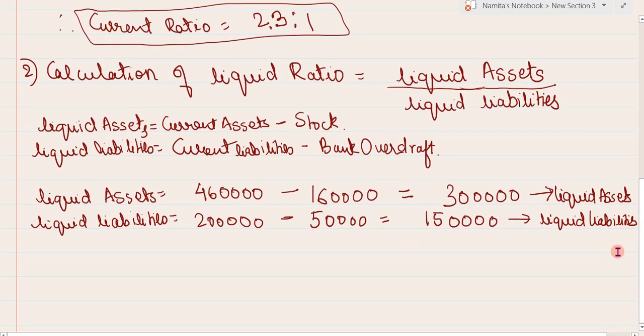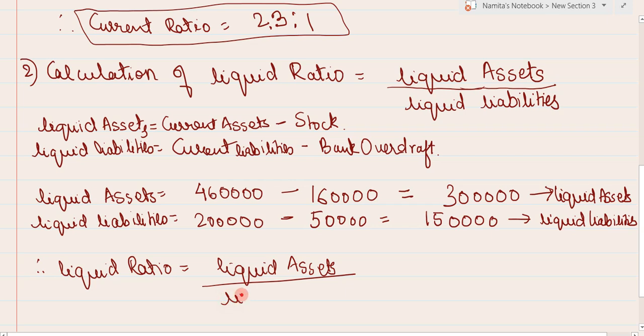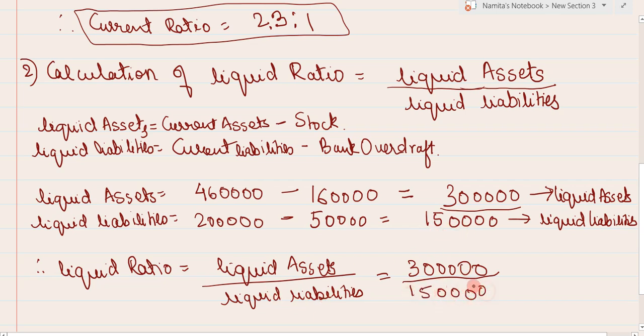Okay, now liquid assets are 3 lakh and liquid liabilities are 1,50,000. So therefore liquid ratio is equal to liquid assets upon liquid liabilities. So liquid assets total is 3 lakh rupees upon liquid liabilities, which total 1,50,000.